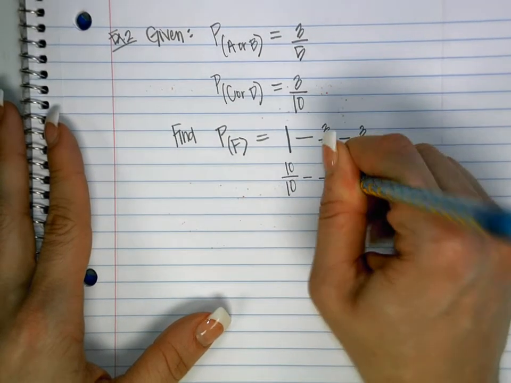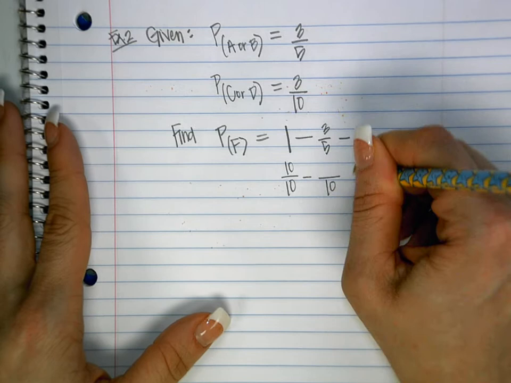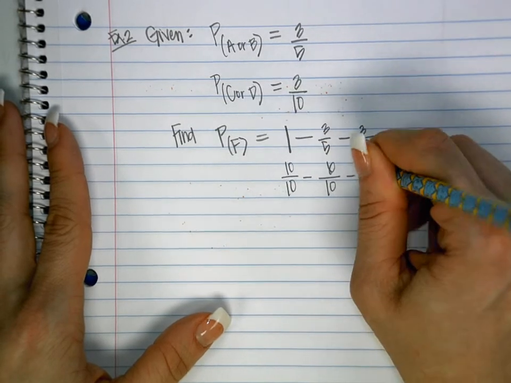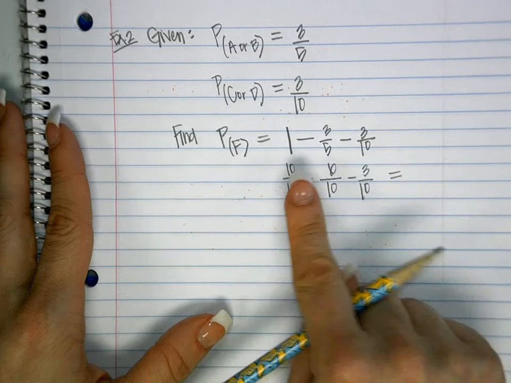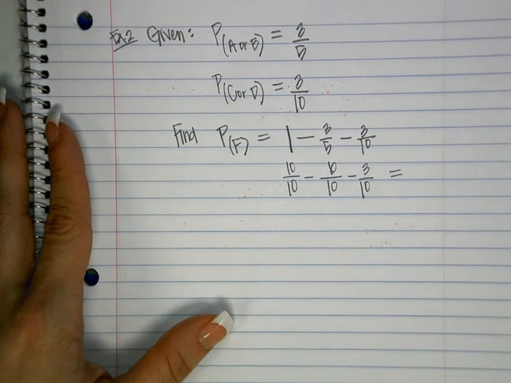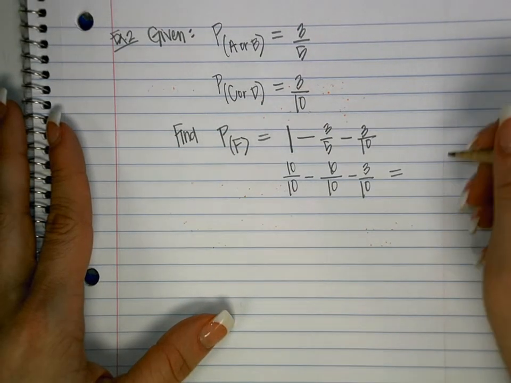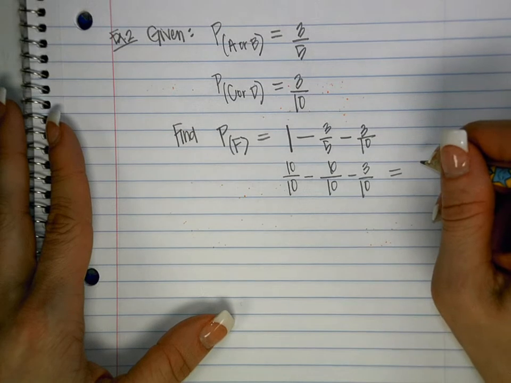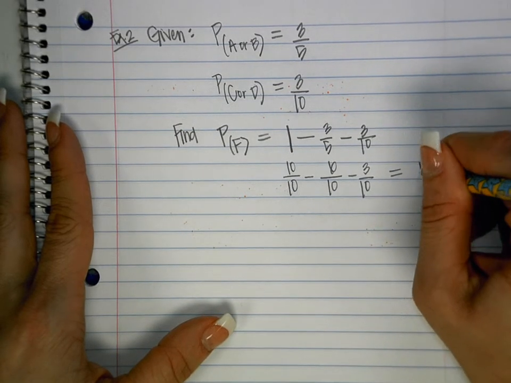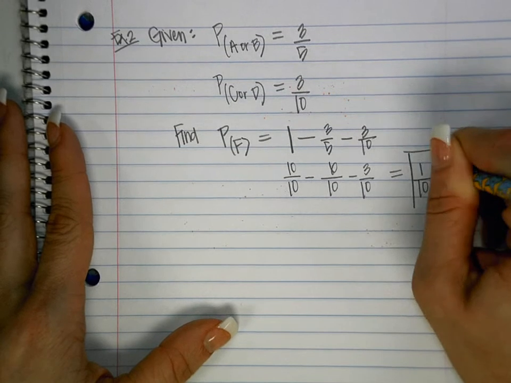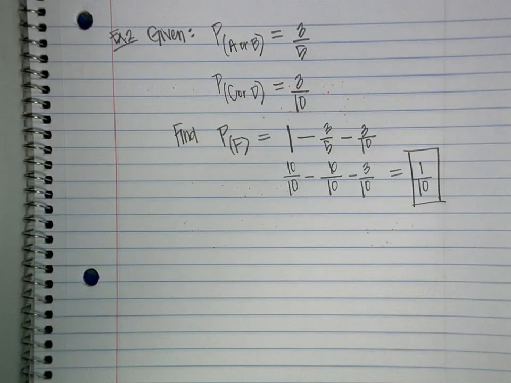Minus, what is 3 out of 5 in tenths? 6 out of 10. Minus, this one was already written in tenths. So 10 minus 6 minus 3 gives us what? 1 in 10. So the probability of getting an F would be 1 in 10.